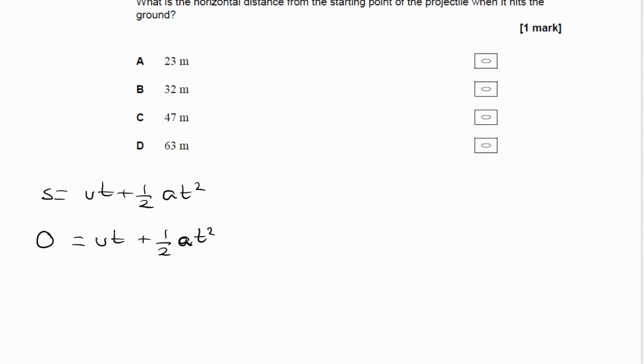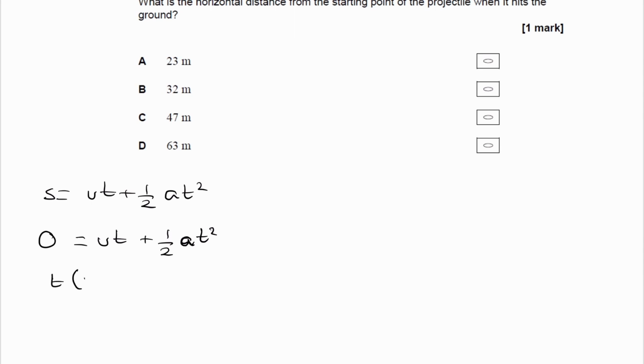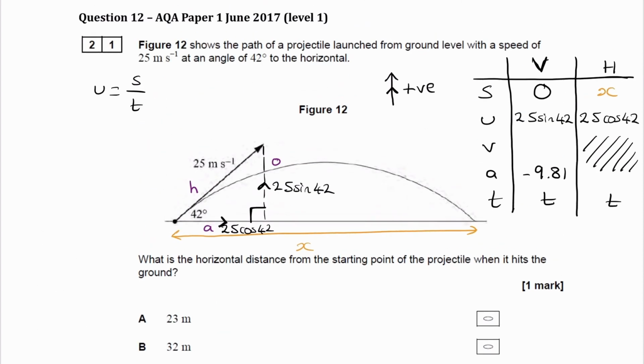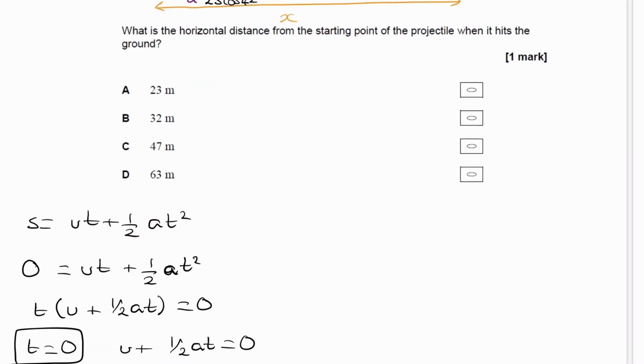So then I can factorize out t, so t times u plus a half at is equal to 0. That gives me two solutions. t is equal to 0, and u plus a half at is 0. So it's not going to be t is equal to 0. That will obviously just be our start point, which is not the time that we're interested in.